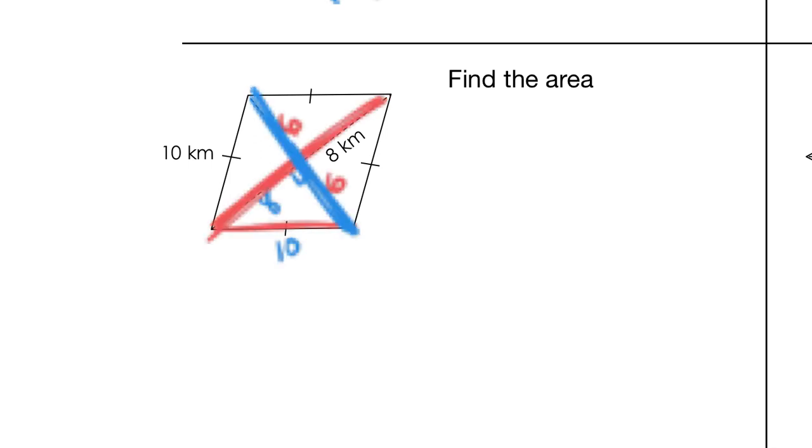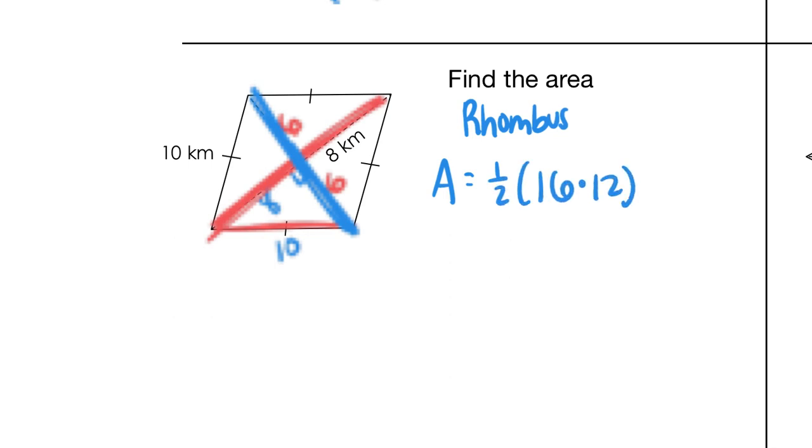I'm just writing a rhombus, although that's probably not necessary. But the area is 1/2 times 16 times 12. Getting 96 square kilometers.